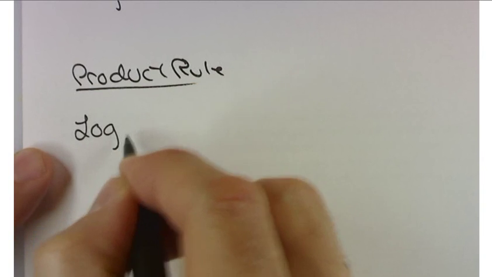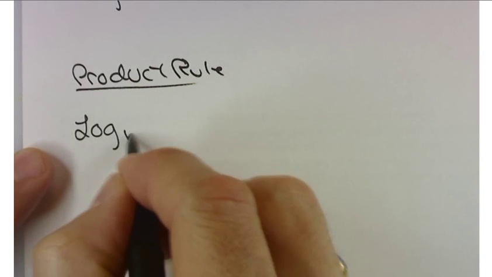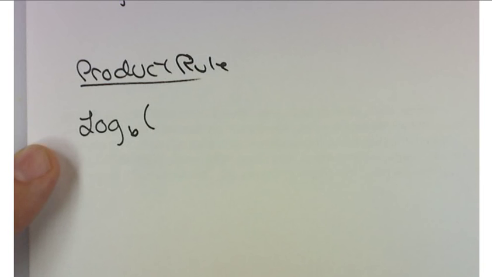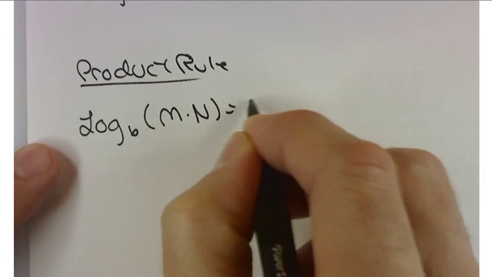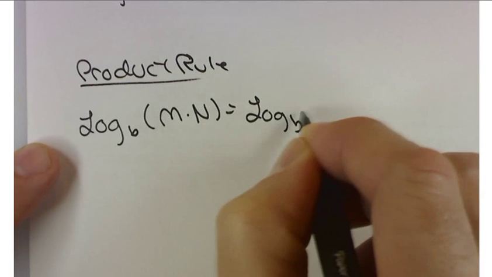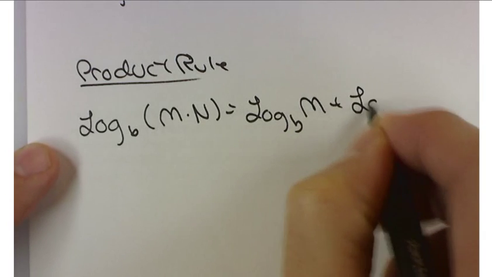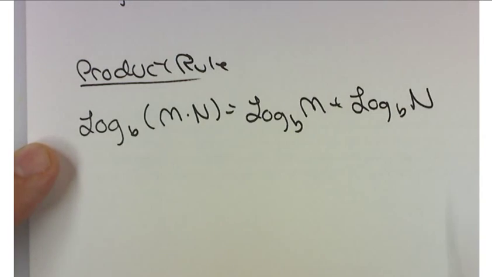The log, and I'll write base b because it's true for any base, of m times n is the log base b of m plus the log base b of n. You add the logs together. So you can turn a product into a sum.